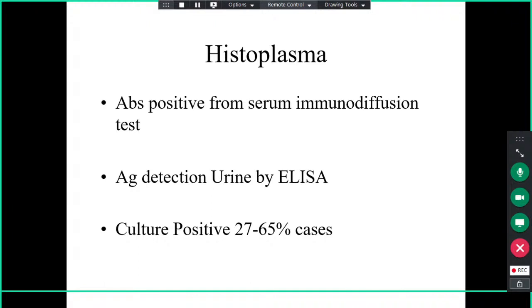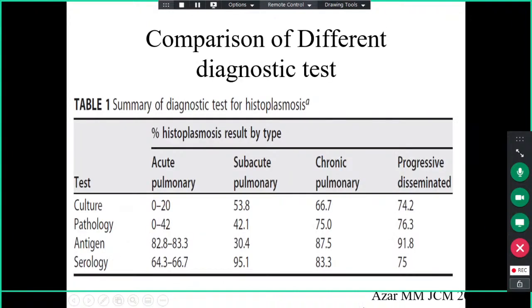For histoplasma, we can do antibody detection in serum sample or antigen detection in urine or CSF sample. Culture positivity is very less.